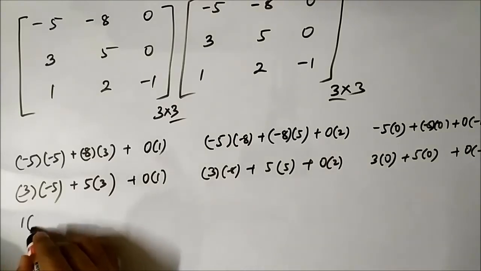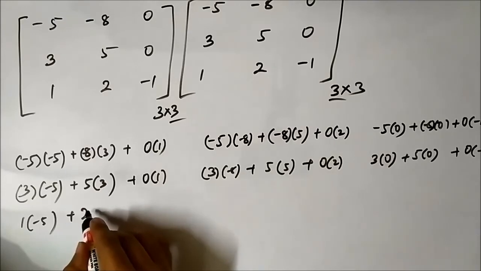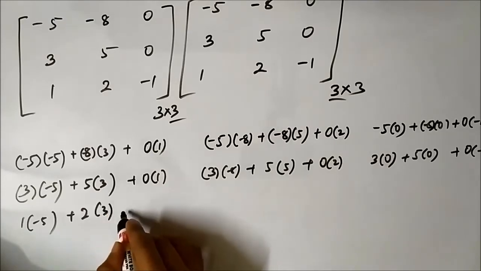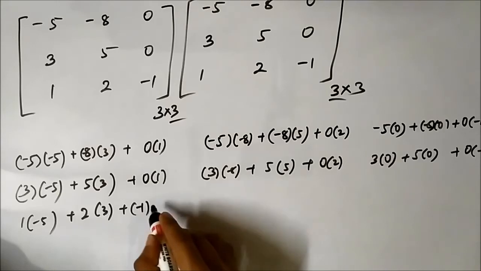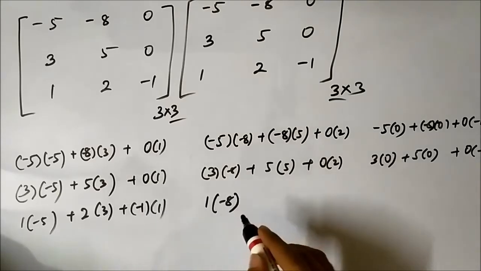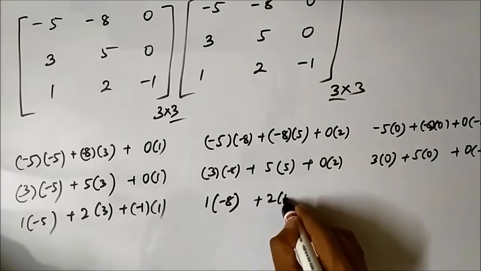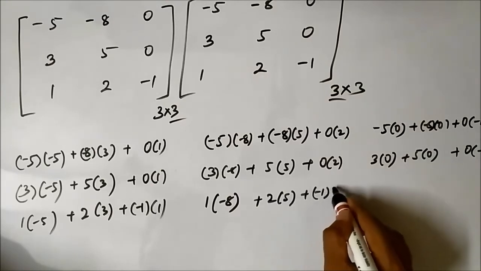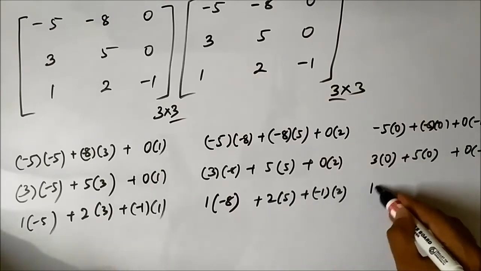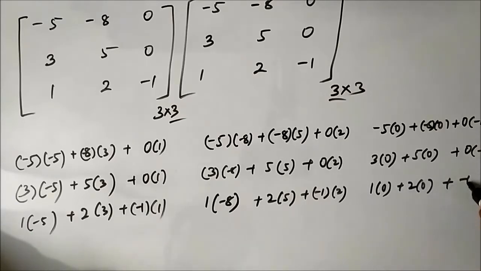Again, 1 into minus 5 plus 2 into 3 plus minus 1 into 1, 1 into minus 8 plus 2 into 5 plus minus 1 into 2, 1 into 0 plus 2 into 0 minus 1 into minus 1. So this is the resultant matrix.